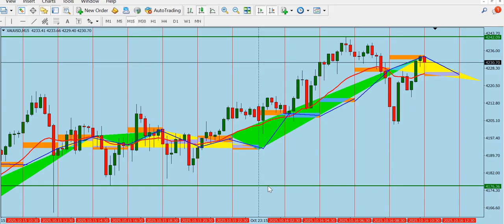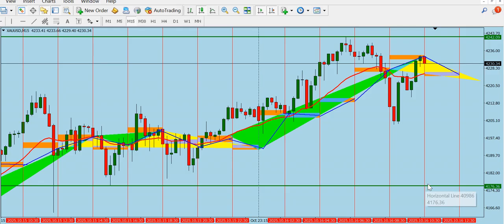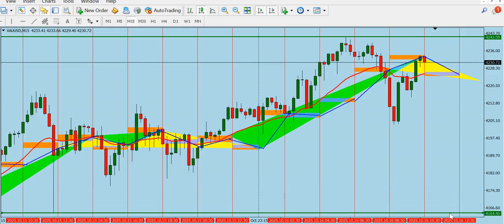Now this is the low of the chart, 4176. A break below here might possibly indicate the low is around here, 4164. A break below here might indicate price is going to go way down, or a bearish trend has commenced.